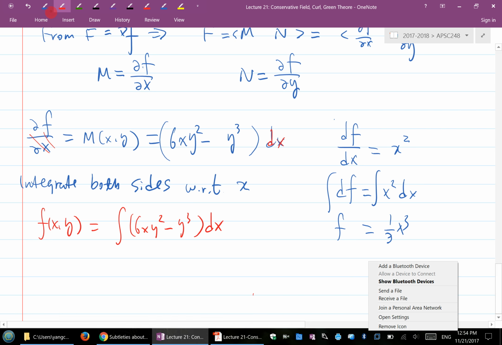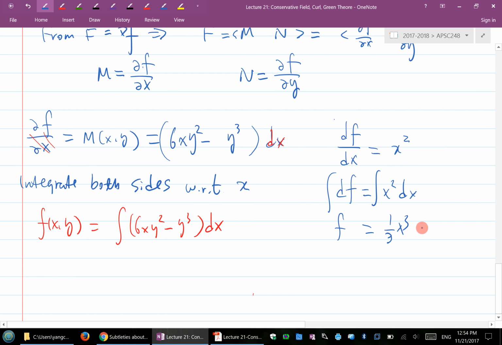However, another thing you have to be careful about is, for a function of a single variable, when we integrate both sides, this is basically an indefinite integral. So technically speaking, I should add a constant, right? If I integrate both sides, what should I add? Constant?